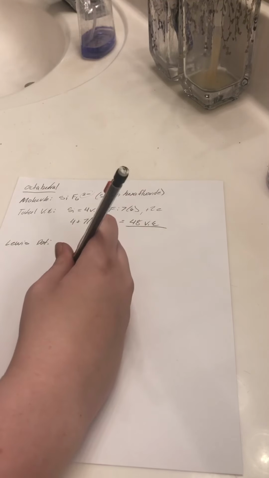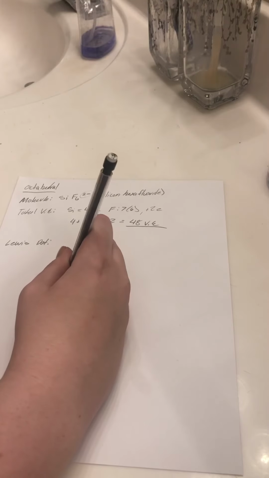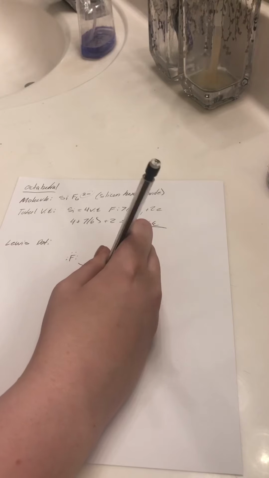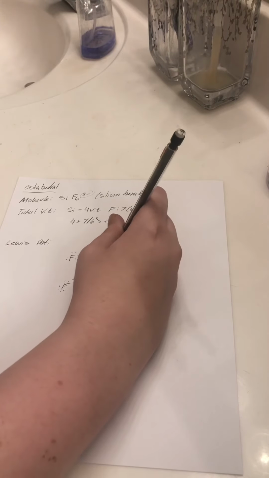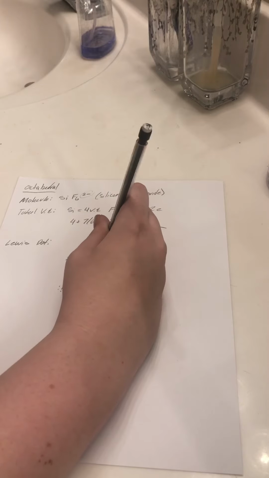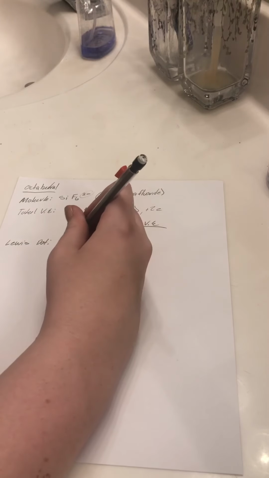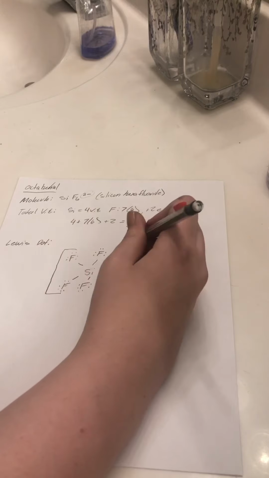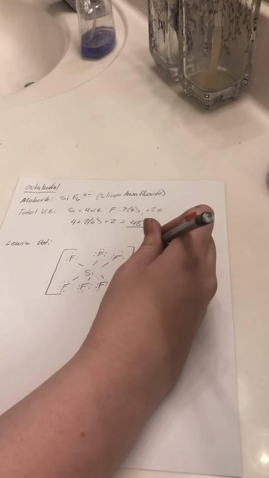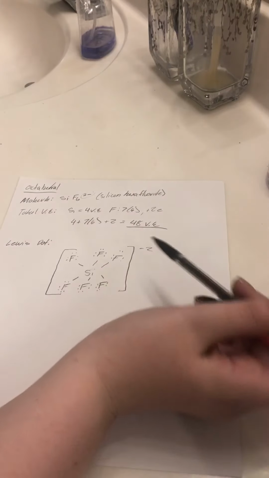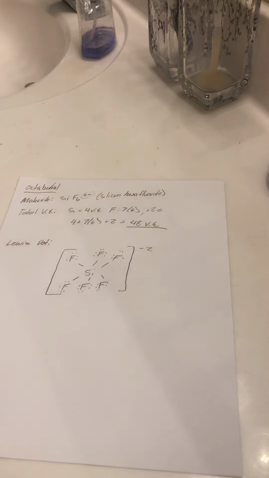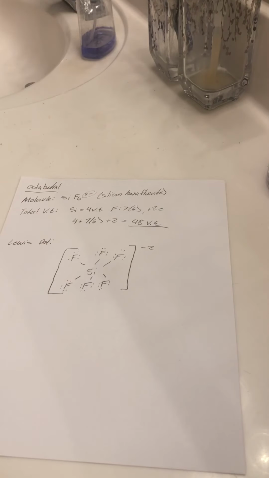So we're gonna just repeat that all around. And then, like we had that one last time, we're going to make sure that this represents that negative charge. So parentheses go around the whole thing with that negative charge represented.